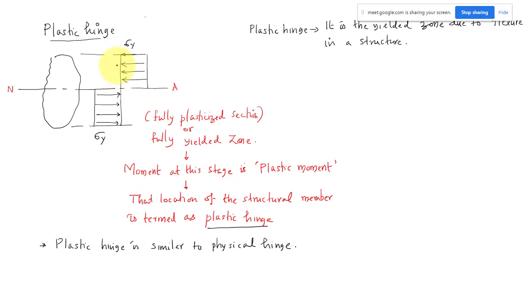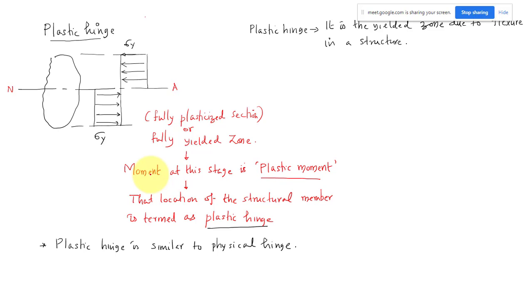The moment corresponding to this stage, or this stress block, we call the plastic moment. Suppose you take a structural member, let us say a beam or a building frame. Whatever it is, these things happen at a particular cross section. Where will it happen in a beam? Let us take a simply supported beam and apply some UDL.